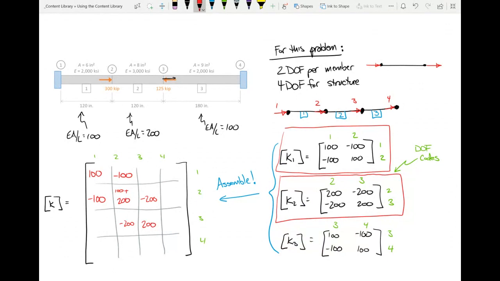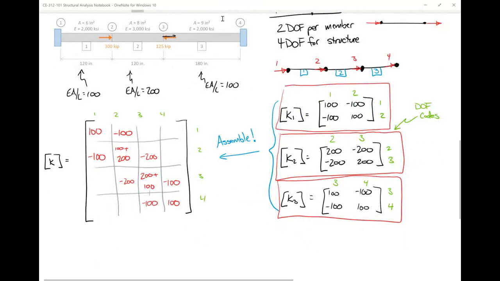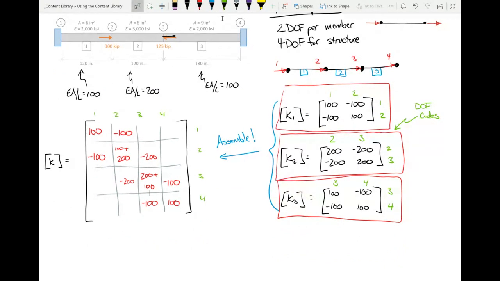I'll tell you why that works in a second, and then we'll go through the process. Same thing with this one. Simply place those terms where they go inside the global matrix based on those codes. So this would be negative 100, negative 100, 100, and we're going to have an overlap right there: 200 plus 100.